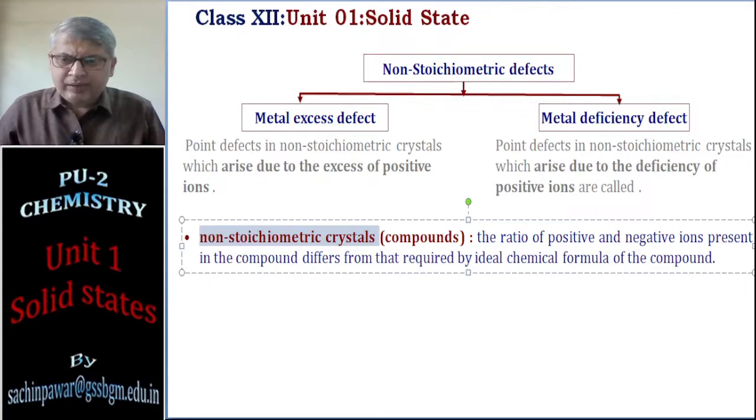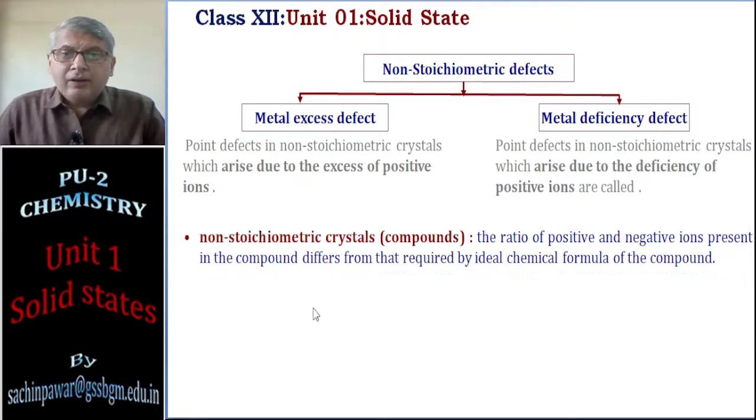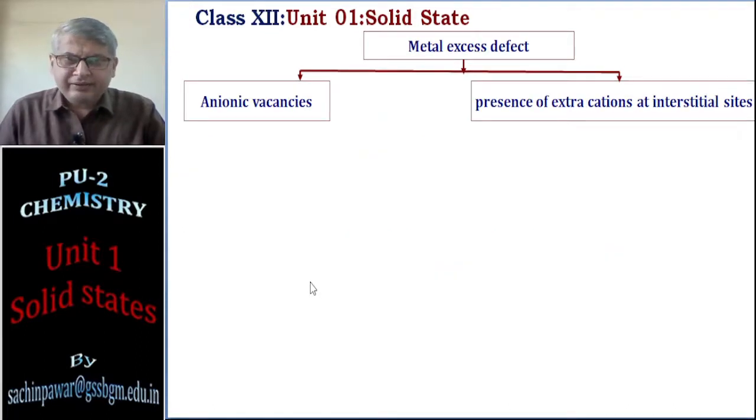If it has this non-stoichiometric defect, then the ratio will be disturbed and differ from this ideal. Then it is called a non-stoichiometric defect, and the compound is called a non-stoichiometric crystal or non-stoichiometric compound. I will give you one example at a later stage.